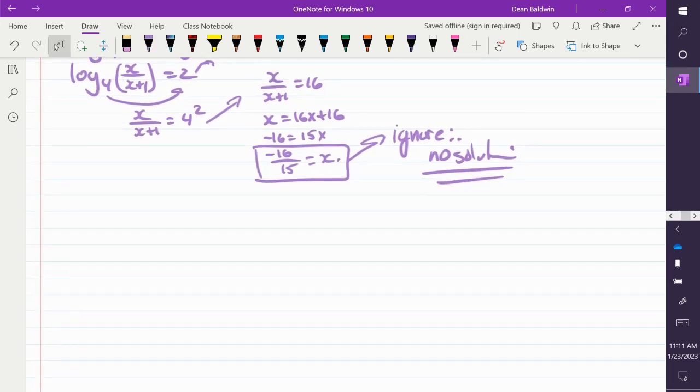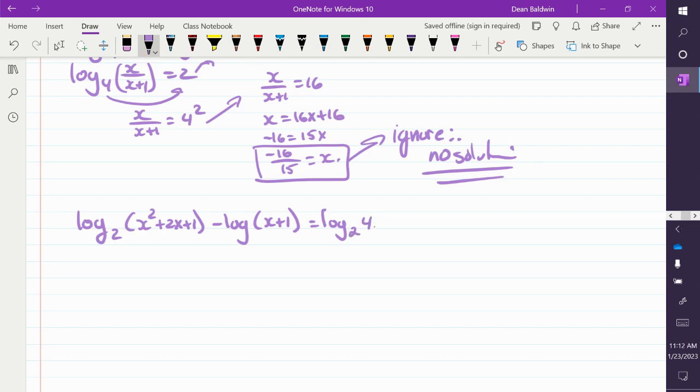Okay. Two more types and then we're done. Let's change that from a 4.